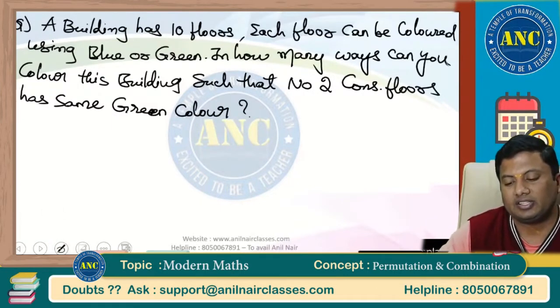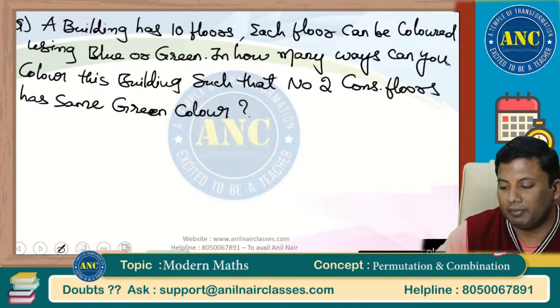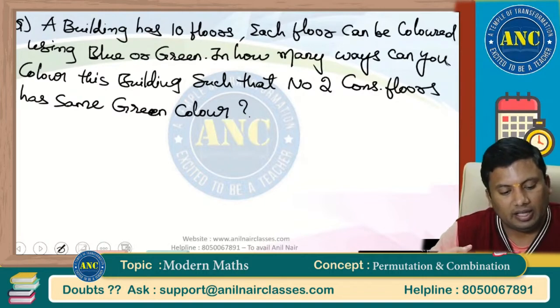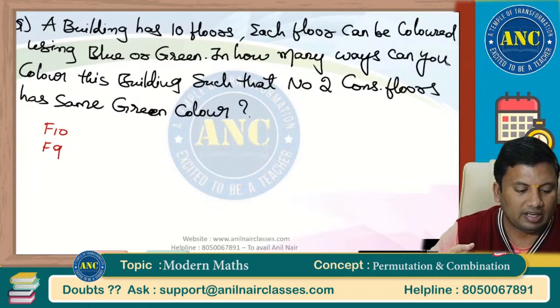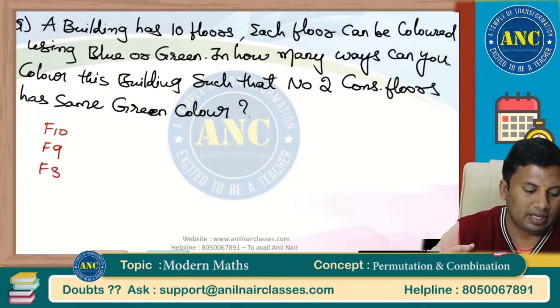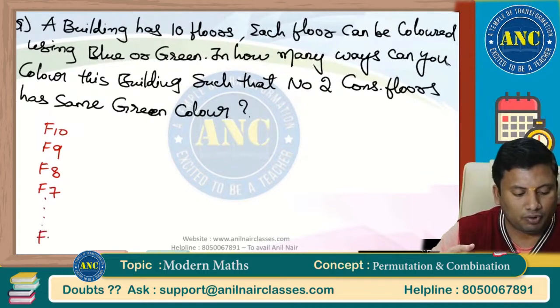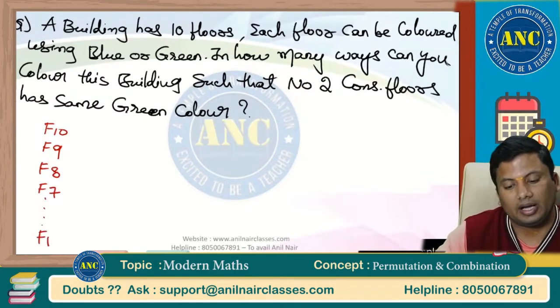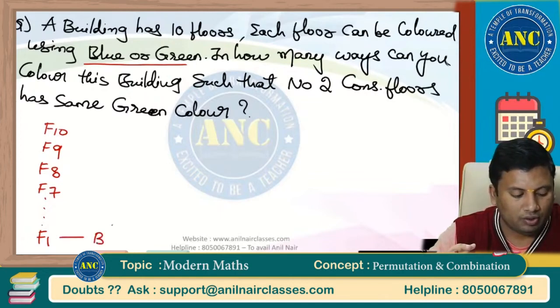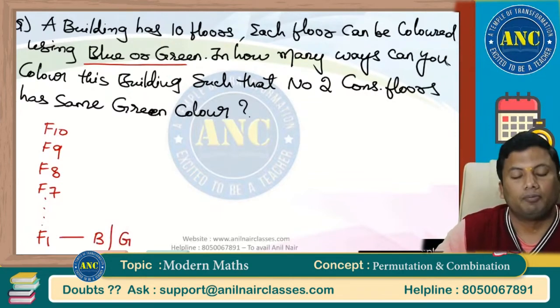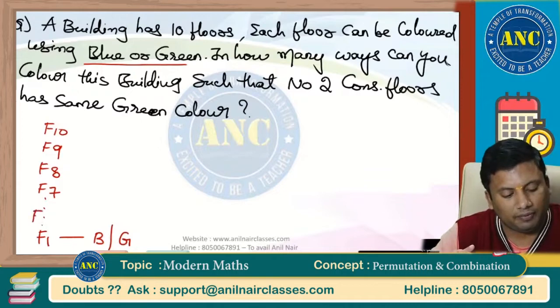A building has 10 floors. Each floor can be colored using blue or green. There is a building with 10 floors, F10. Here it is F9, floor 9. Here it is floor 8, floor 7, and so on up to floor 1. Each floor can be colored using blue or green. So the first floor, I can do either blue or green. First floor, there are 2 ways.